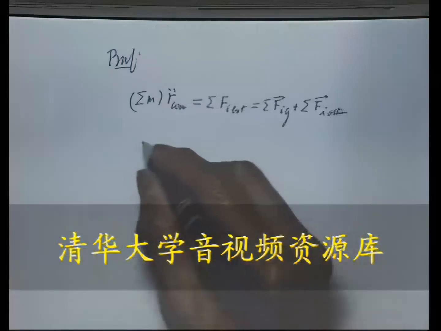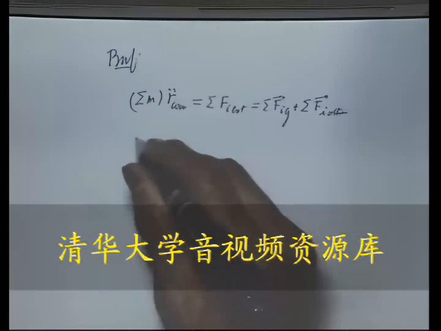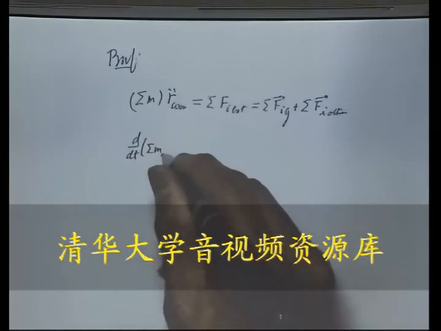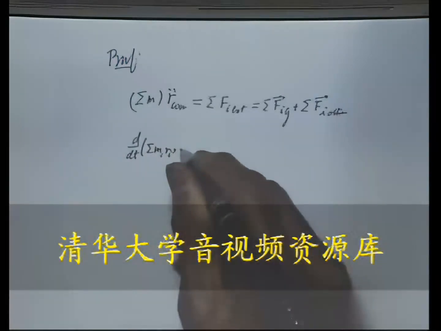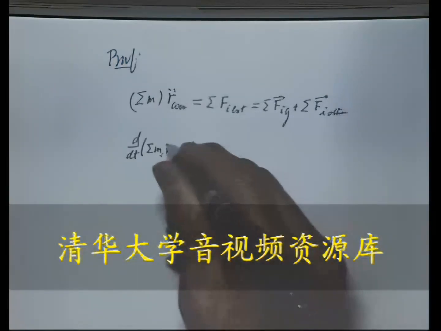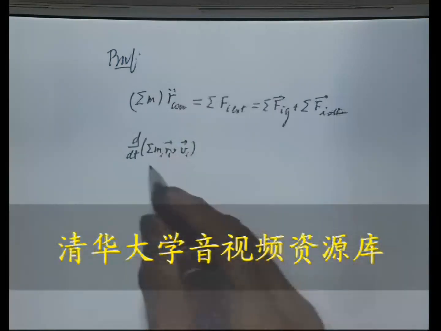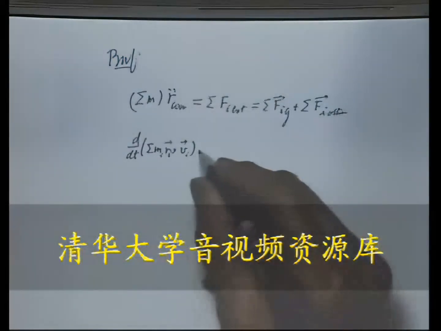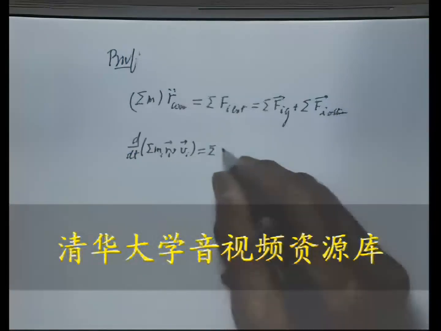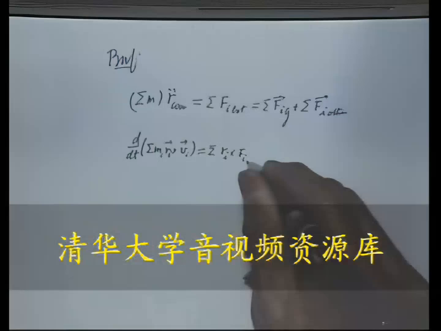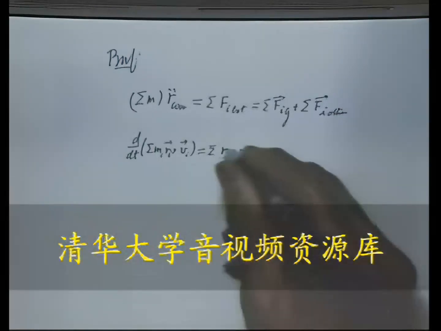And we also have the equation of d/dt of what is in the bracket, which is the total angular momentum. The time derivative of the total angular momentum is equal to summation of Ri cross Fi external.